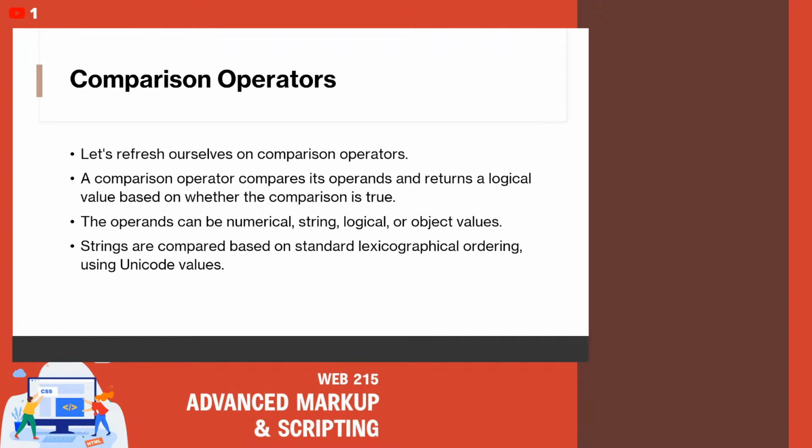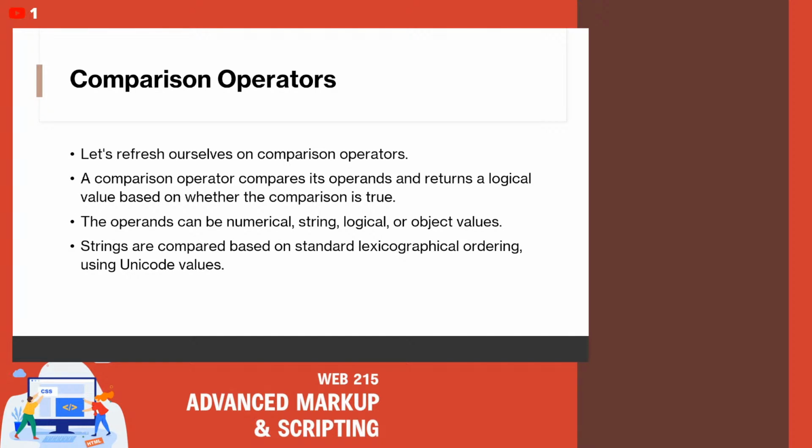These are things that we've encountered before as we've approached comparison operators. And in any programming language, these operands can be numerical, they can be strings, they can be logical, and when we're saying logical here, we're talking about Booleans, trues and falses and all that kind of fun stuff. Or they could be object values.